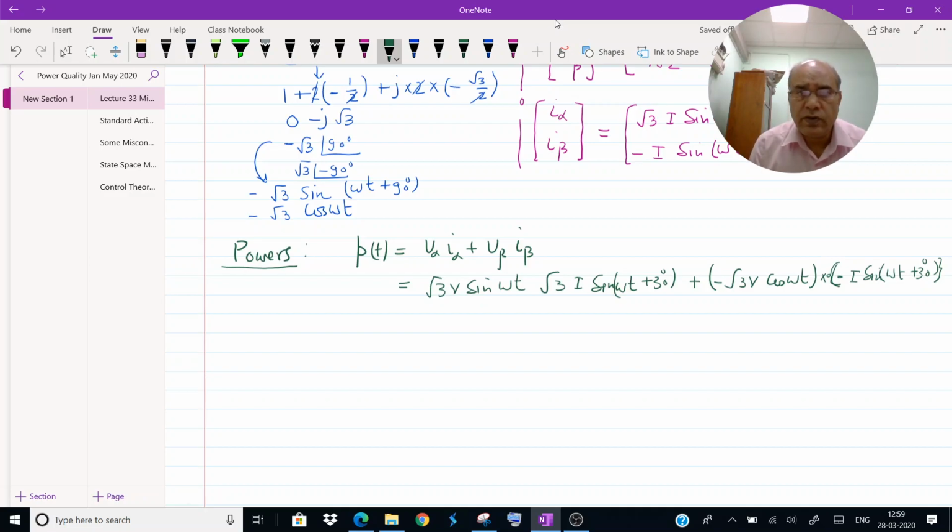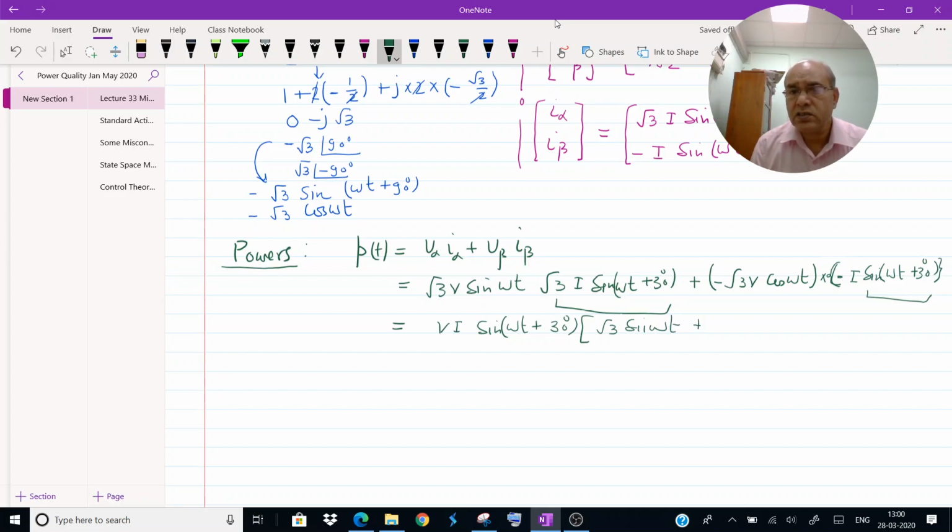Okay, so this becomes nothing but 3BI sin omega t sin omega t plus 30 degree, plus 3BI cos omega t sin omega t plus 30 degree. This term is common in both, so I will take it as common: BI sin omega t plus 30 degree. What is remaining? Root 3 is here, sin omega t, correct?